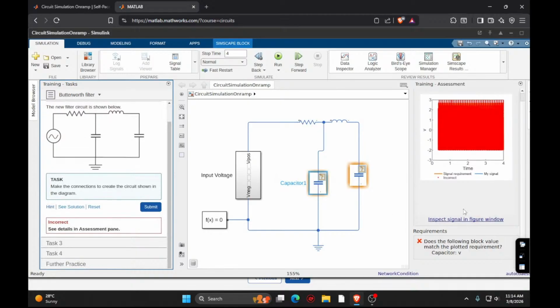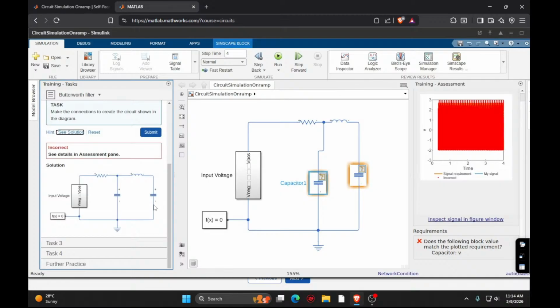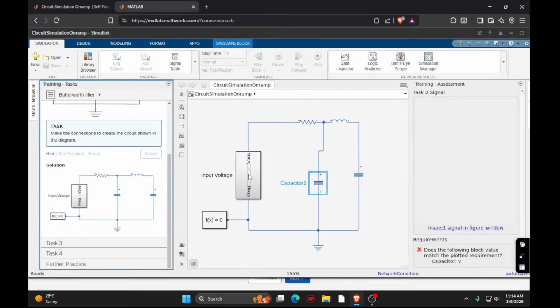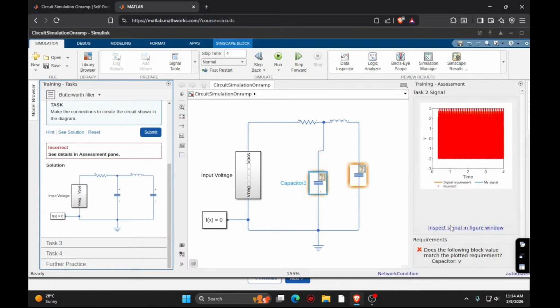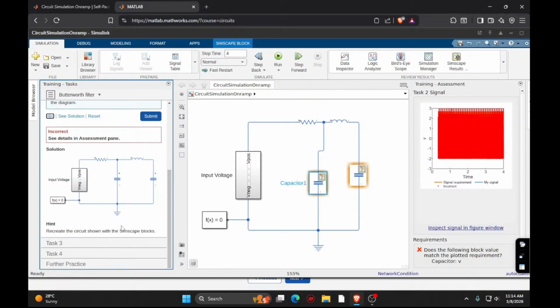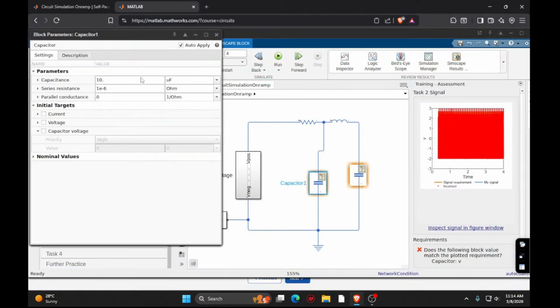Why? Yes, it is connected perfectly like that. Then why is it giving the problem? Does the following block value match the plotted value? Yes, but it is giving an error. 10.6 microfarad. Okay.